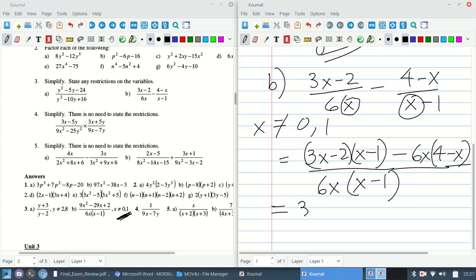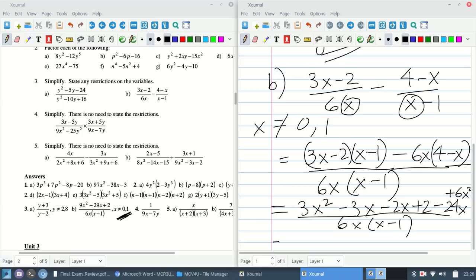So 3x squared minus 3x minus 2x plus 2 minus 24x plus 6x squared, all over 6x times x minus 1. So the middle term here is negative 5x, and then we get minus 24x.